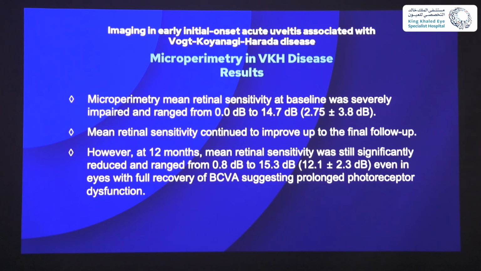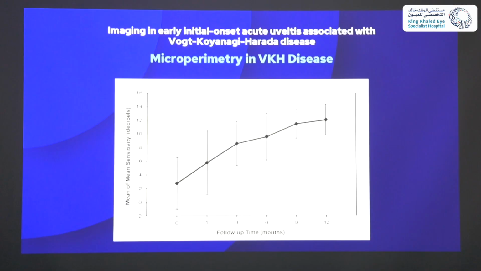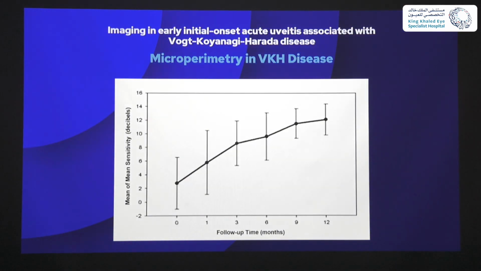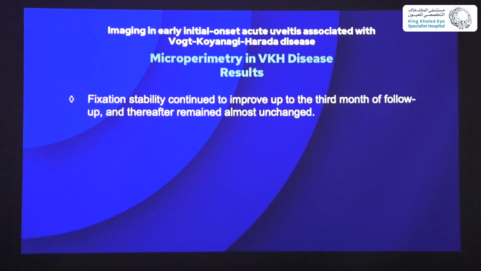Even the eyes that had best corrected visual acuity of 20/20, suggesting prolonged photoreceptor dysfunction. This can be due to the exudative detachment, can be due to pathology at the level of the choroid and retinal pigment epithelium. And then by looking at sensitivity, you can see it continued to increase up to the 12 months.